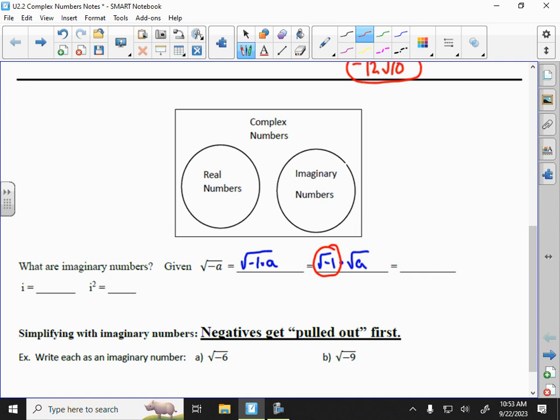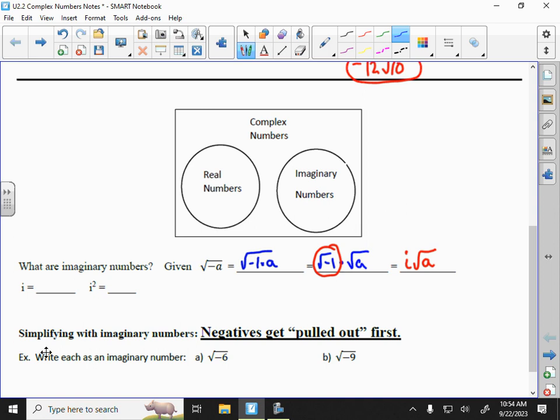So we're going to replace the square root of negative 1 with i. The i is for imaginary, and then times the square root of positive a. That's how we're going to deal with negative numbers under radicals, the square roots. We're going to pull that negative out, and it turns into an i on the outside, and the number on the inside turns positive.